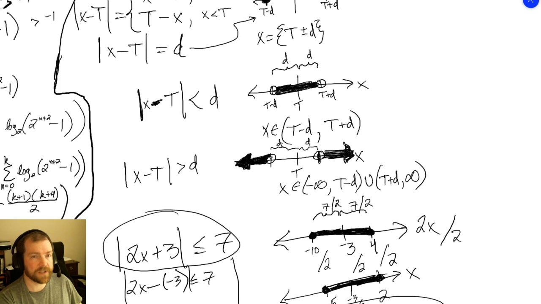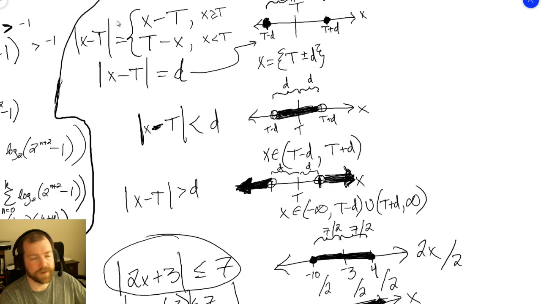So if x is the bigger number, or potentially equal to, then we do that subtraction. Oh, you can't see it, sorry. You just do x minus t when x is greater than or equal to t. Then if x is less than t, then we do the opposite subtraction, t minus x.